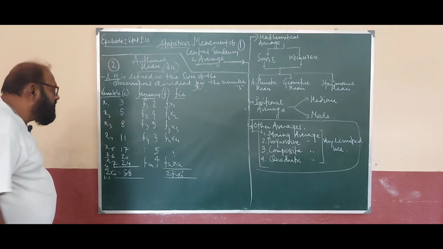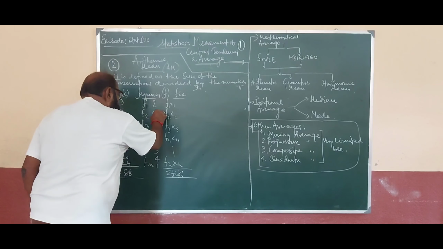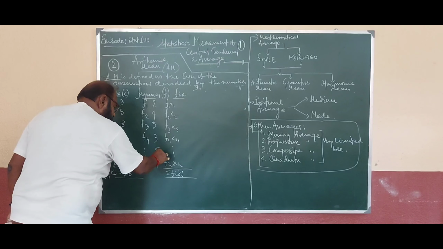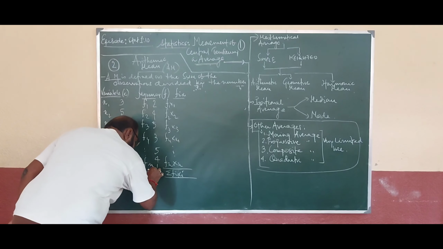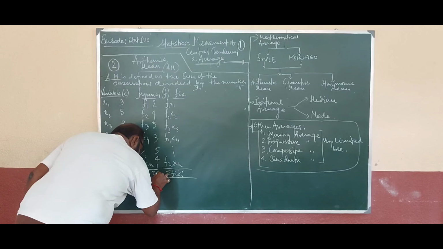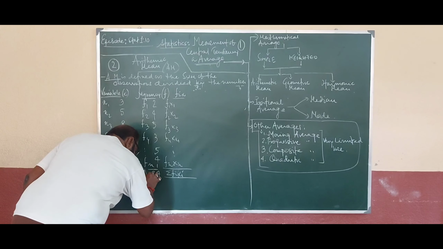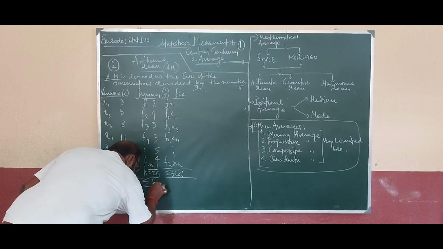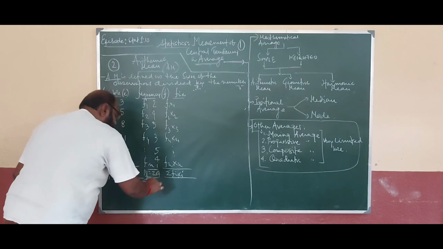Now what is the total frequency? It is 24. So it is summation fi, or n, i equals 1 to 7. This is 24.